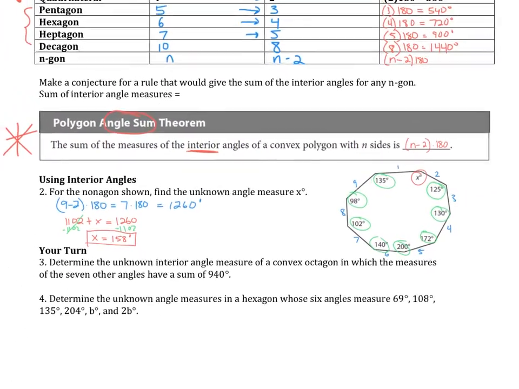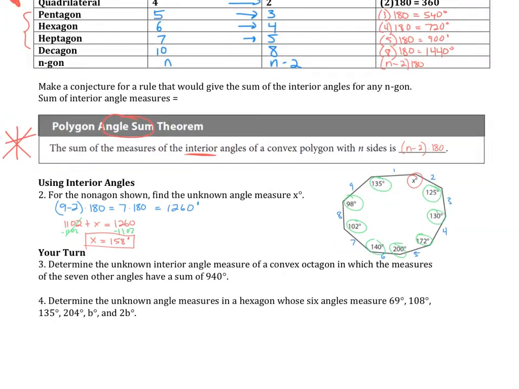Okay, so that polygon angle sum theorem, that n minus 2 times 180, is what's going to tell us what they all have to add up to, which can be really useful if you know some or most of them, and then you can figure out what's missing from there.